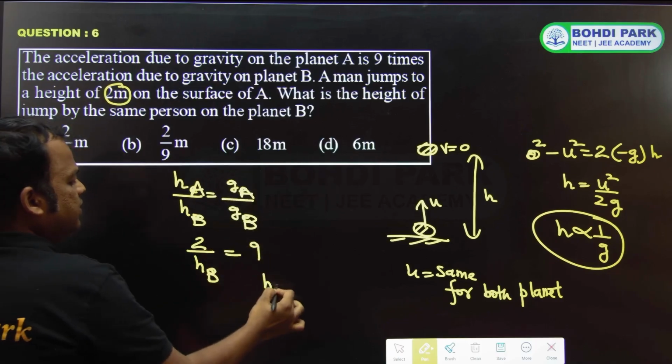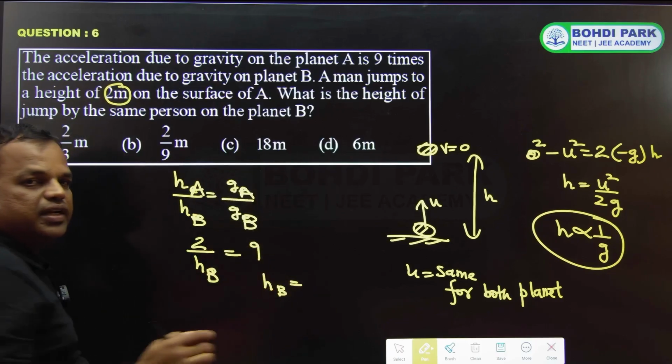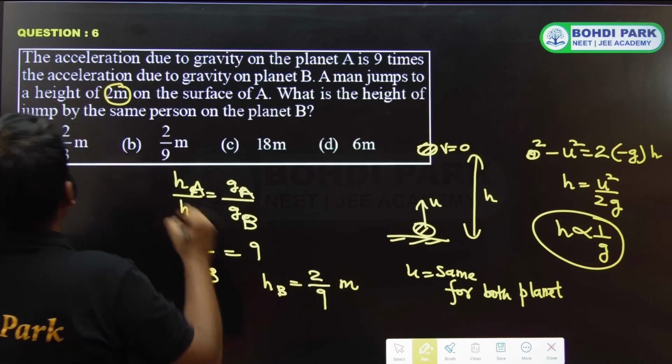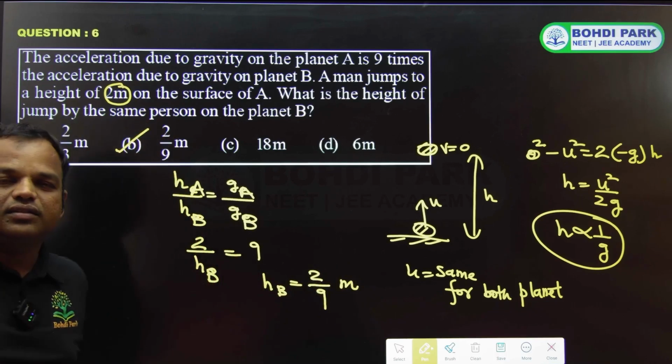So we have height jumped on planet B is equal to 2 by 9 meter. So that is B option.